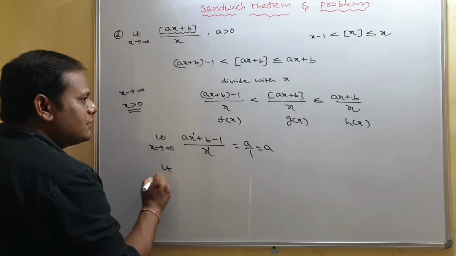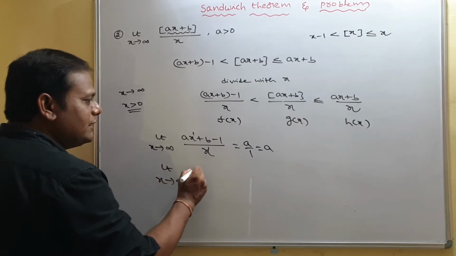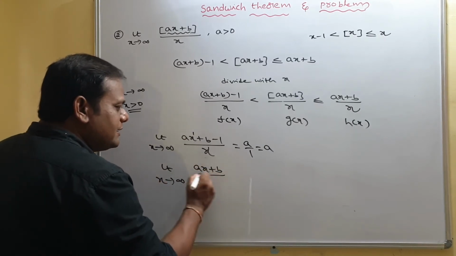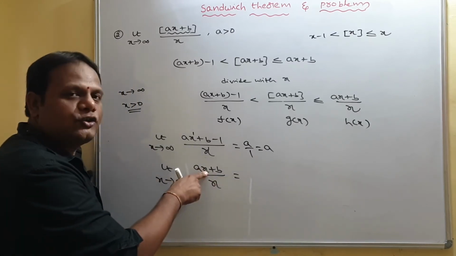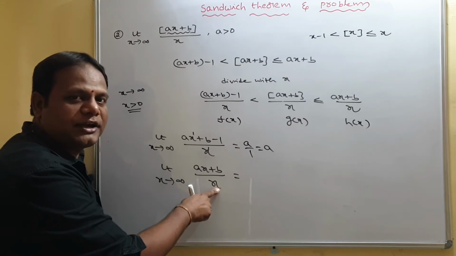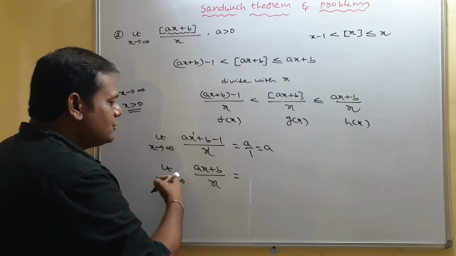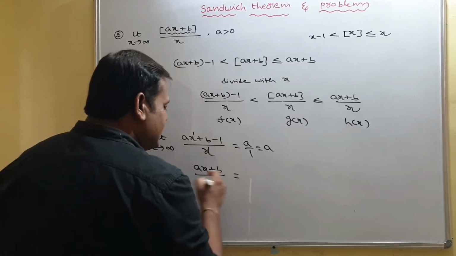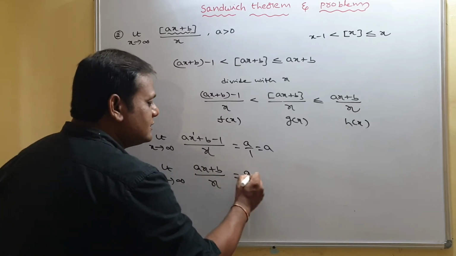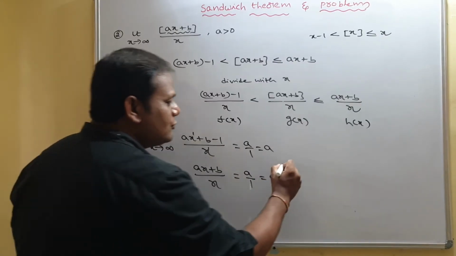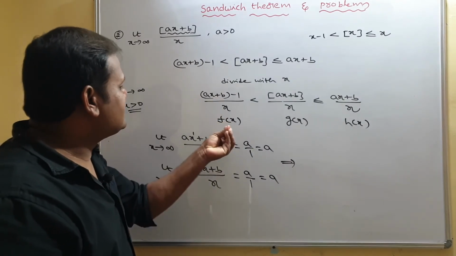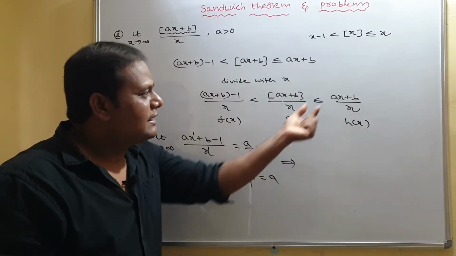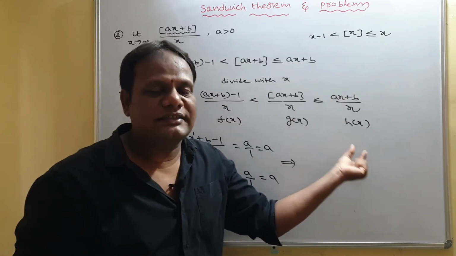Coming to the last one, that is limit as x tends to infinity of (ax + b)/x. Again same story. Here the degree of numerator is 1 and the degree of denominator is 1. So the limit of this function is again the ratio of their coefficients, that is also a. So by the sandwich theorem, limit of f of x is a and limit of h of x is a.